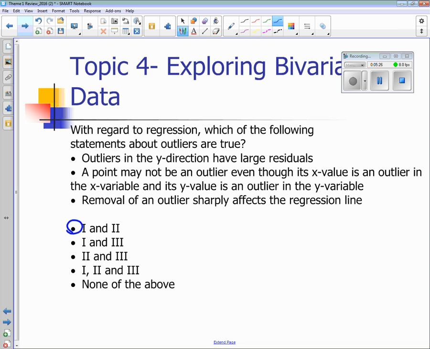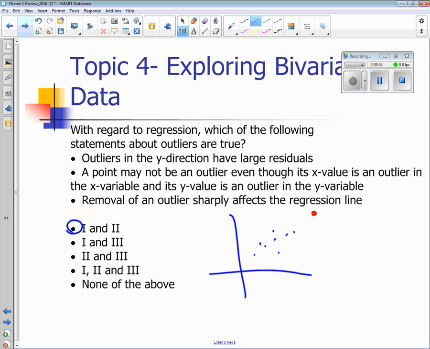Removal of an influential point. Remember the difference between an influential point and an outlier? Influential points are going to move the slope of the line, where outliers are maybe in the trend. They just happen to be further away in a y direction, I'm sorry, an x direction. So, for example, the red dot could be an outlier.